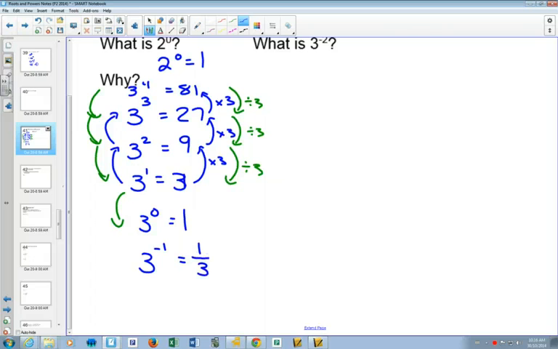I get 1/3. And if I'd kept going with the pattern, I'd get 3 to the negative 2, and then I would get 1 over. If I divided by 3, I could write that as 1 over 3 squared, which is the same as 1 over 9. So very powerful how patterns work. And mathematics is based a lot upon patterns.